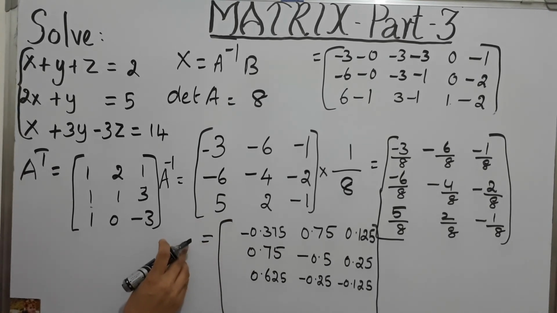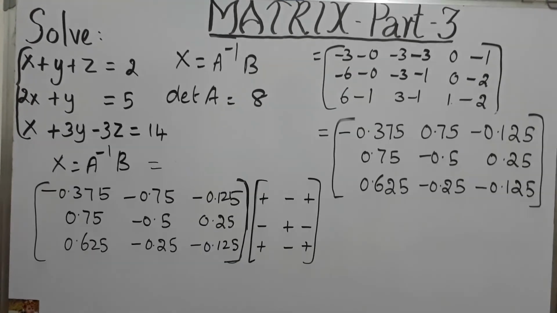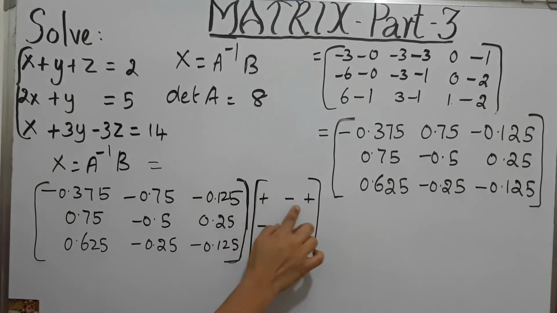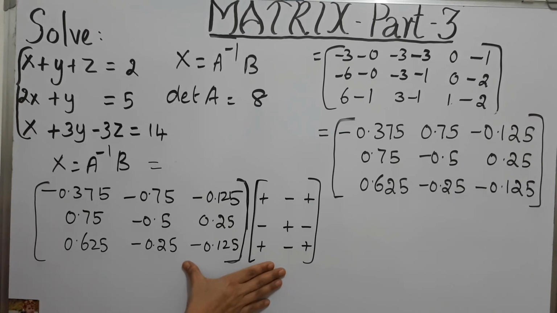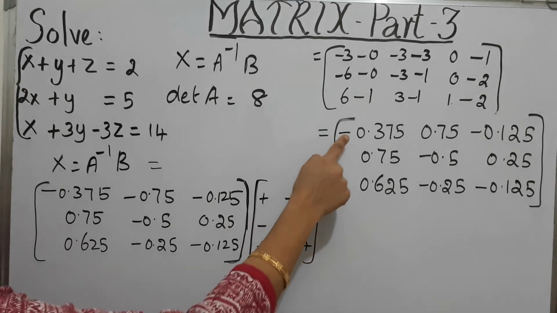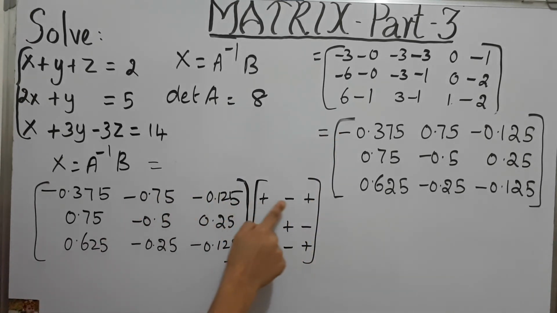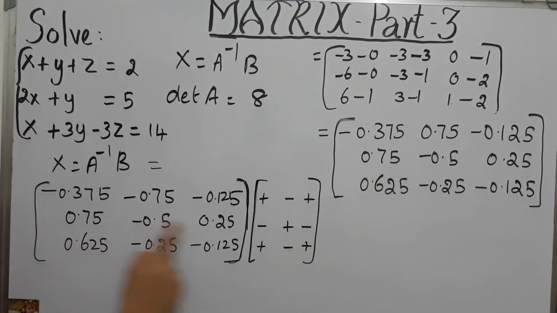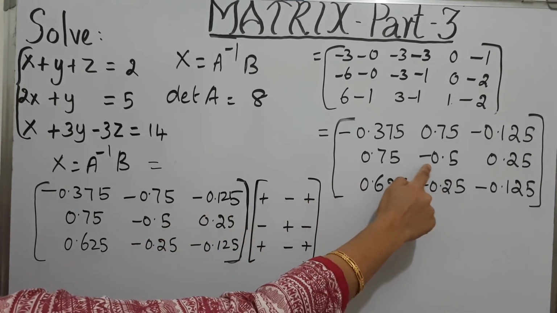Now you found A inverse. When you are getting this number, you have to multiply with the sign pattern plus, minus, plus, minus, plus, minus, plus, minus, plus. When you multiply this, you will get this number. So minus with plus will become minus, and minus will become plus here. Minus 0.5 times plus is minus 0.5 only.